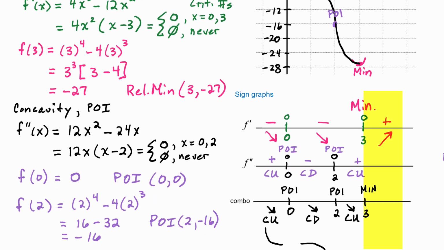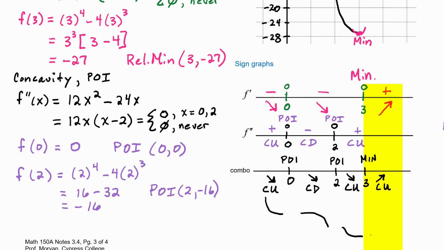And then the rest of the graph from x equals 3 to infinity is going to be increasing and concave up. So that's going to have to look like this. And the great thing about drawing these curves from the combo graph is you get an overall view of what the graph has to look like, and then you add those components in.